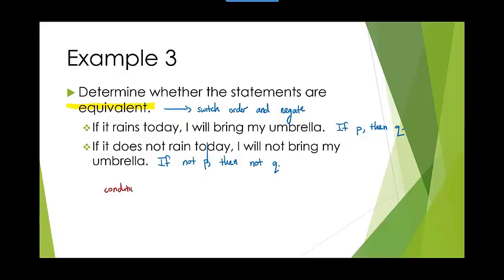This is the conditional and the inverse, which says that these two sentences are not equivalent. It's not the conditional and contrapositive. So these sentences are not saying the same thing.